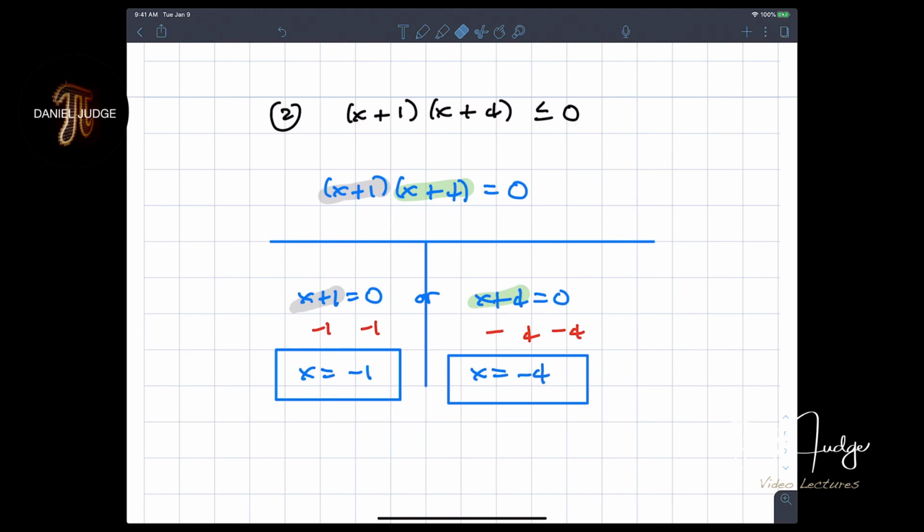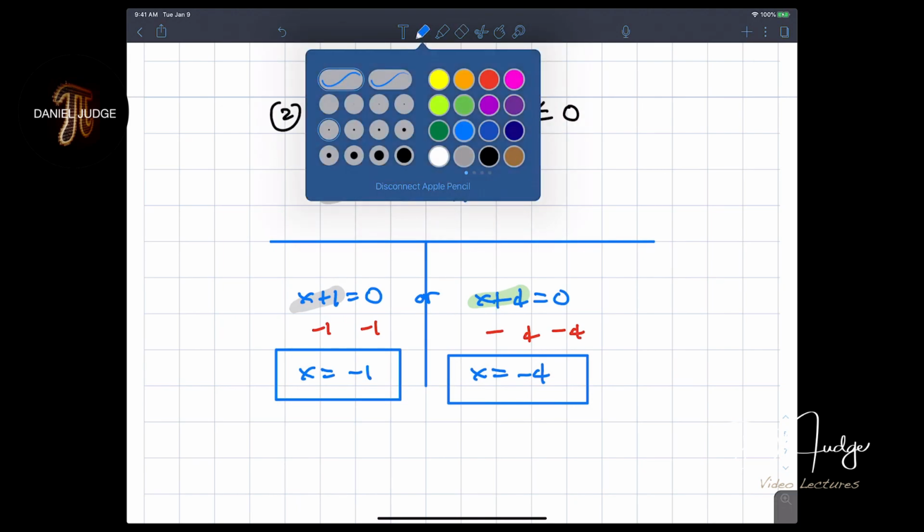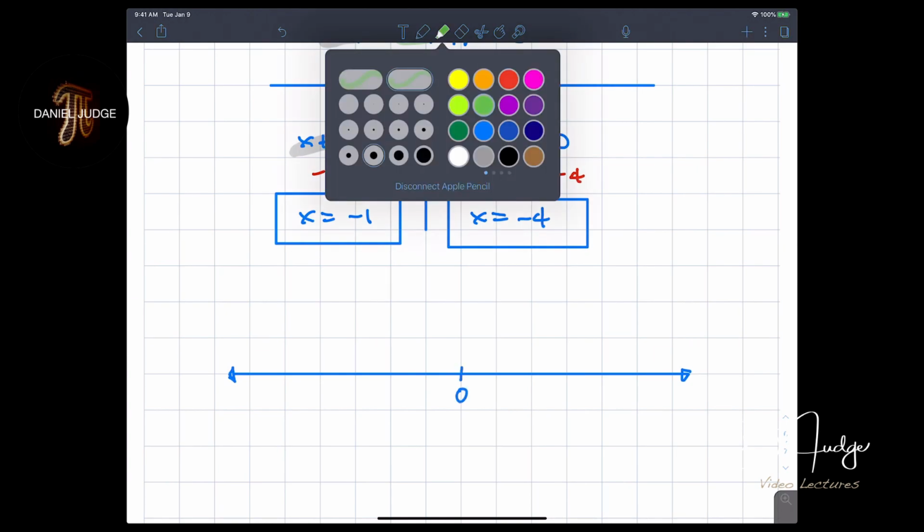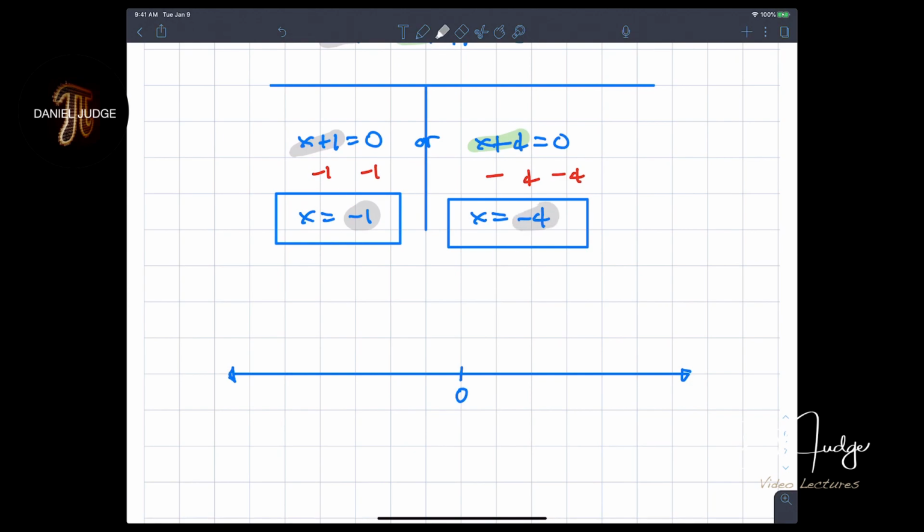So this is going to partition the real number line. This is how we use that piece of information. So we draw the real number line again. And we have to locate. I'm going to put 0 in the middle. I always do that. I like doing that. We've got to locate negative 1 and negative 4.